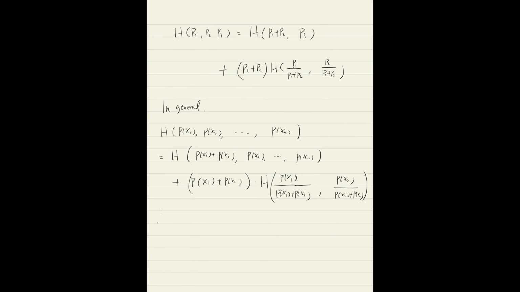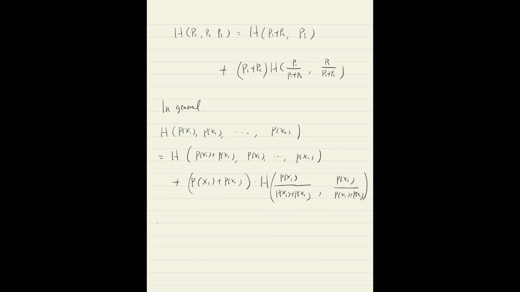It's just a simple example, but we need to generalize it a little bit, right? So in general, let's say we have n terms here. I have H(Px1, Px2, up to PxN), right? And if we only group the first 2 terms together, that will equal what?